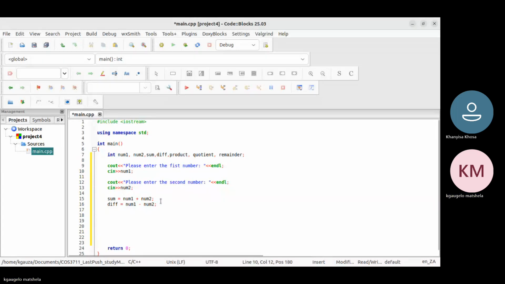But now we're just going to assume that the user enters num1 as the bigger number and the second as the lower. Going forward, we'll be using the if statement to make sure that num1 must be bigger than num2 when performing the difference.